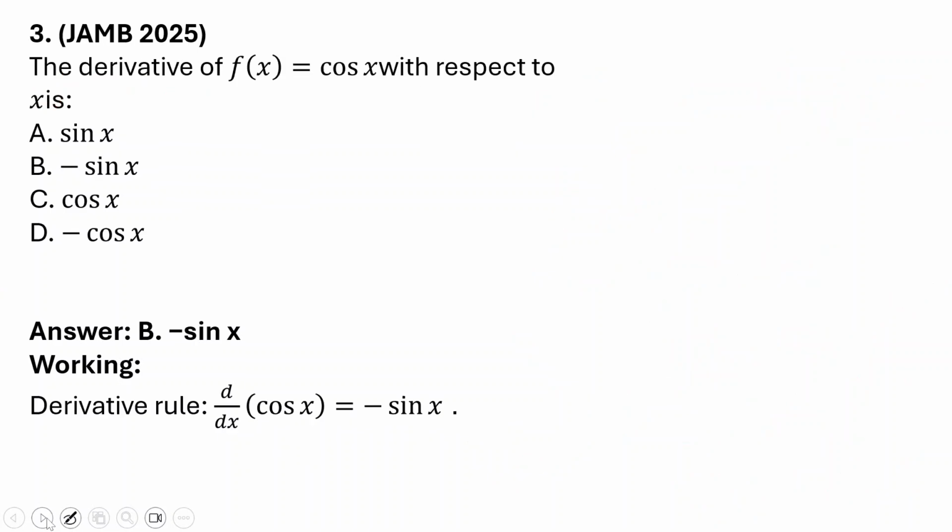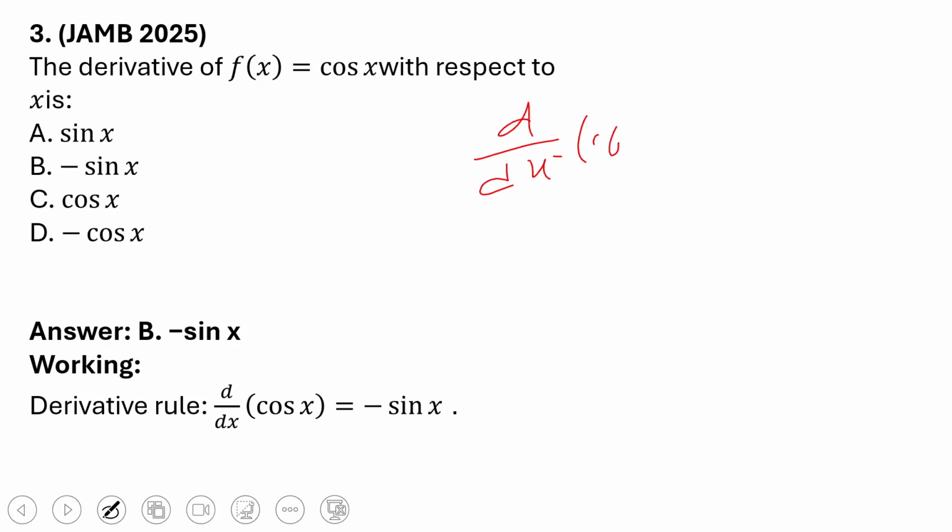The next question is still from JAMB 2025. It says the derivative of f of x equals cos x with respect to x is. For trigonometrical expressions, the derivative of cos x is minus sine x.